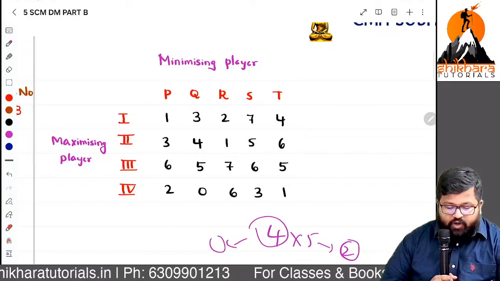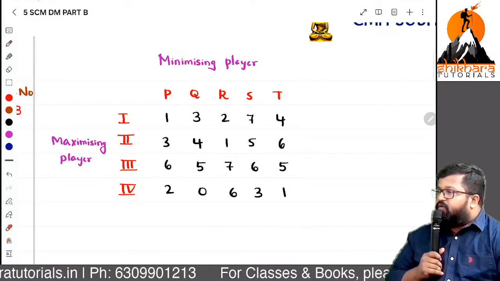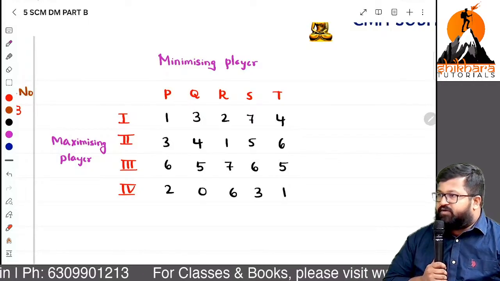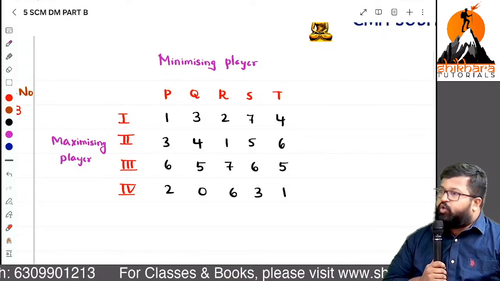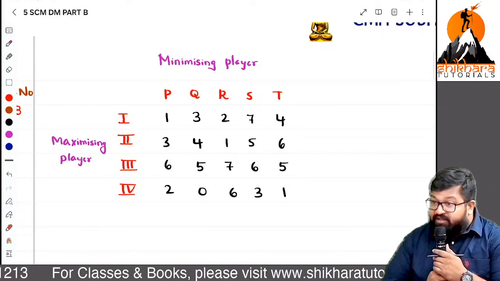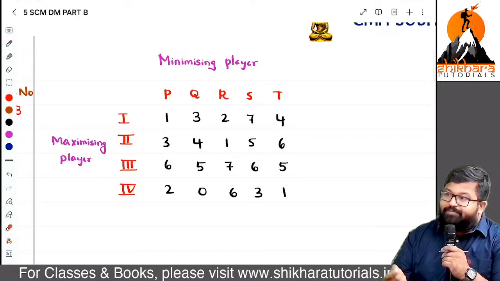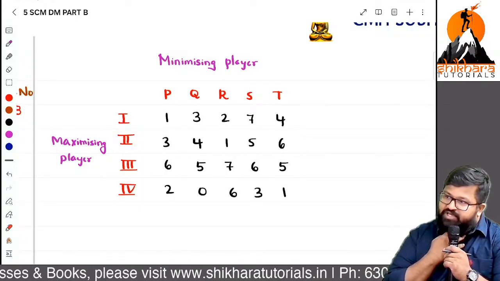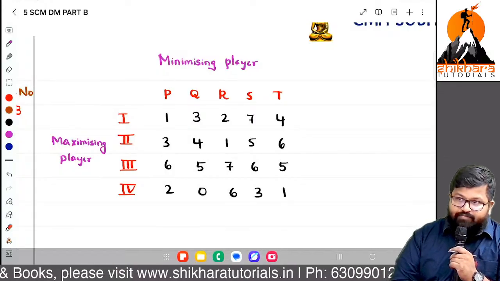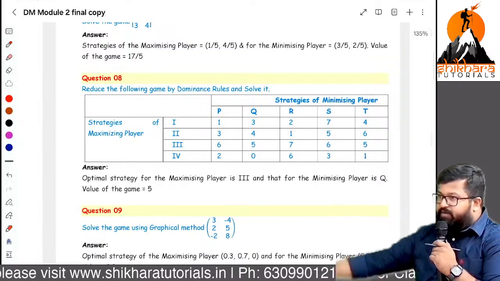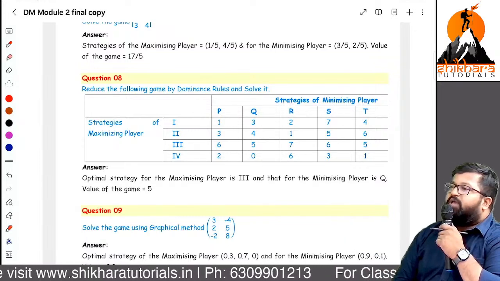Okay, so now what is the first rule, ma? First rule we are having is the rule of comparison. First one regarding rows. Sir, how many rows are there? Before starting this, is the question given minimizing player, maximizing player? Given in the question? Given, ma? Given. Okay, but you give a hint.